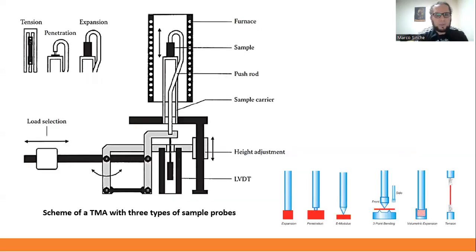In this graph, we can see the basic or main parts of this type of equipment, and the probes could be different according to the objective. If one wants to measure tension, penetration, expansion, it is possible to change these probes.